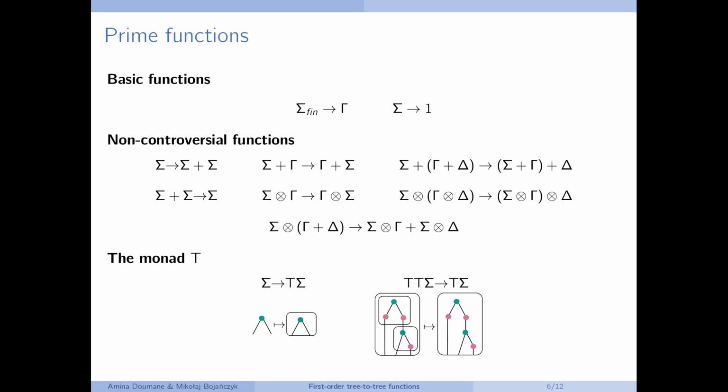The second category, I call it the non-controversial functions, because it contains all the functions that we would like to have when we have the sum and the product data types. So it contains the projection, the coprojection, and all those functions expressing that plus and the tensor are commutative, are associative, and distributive, one over the other.